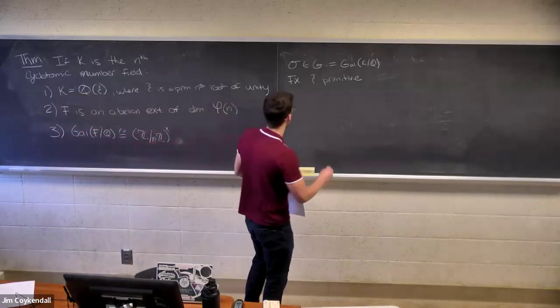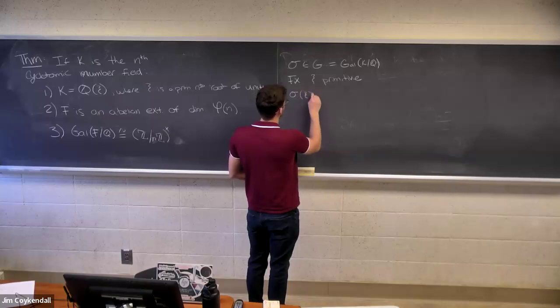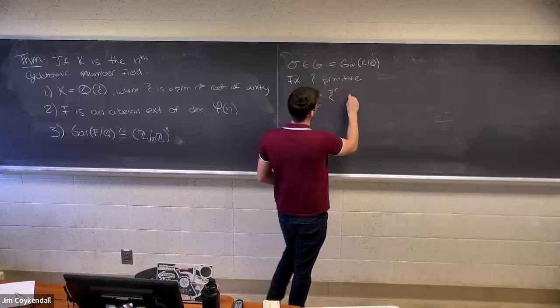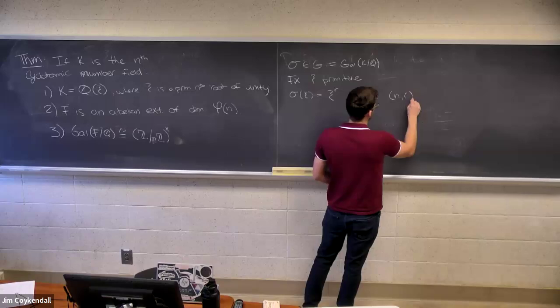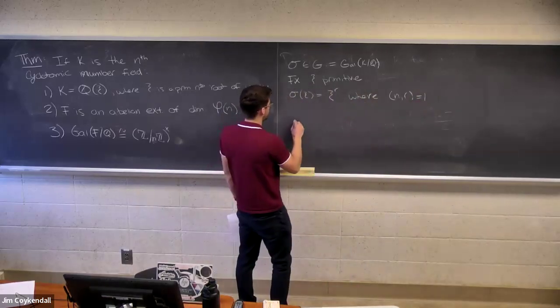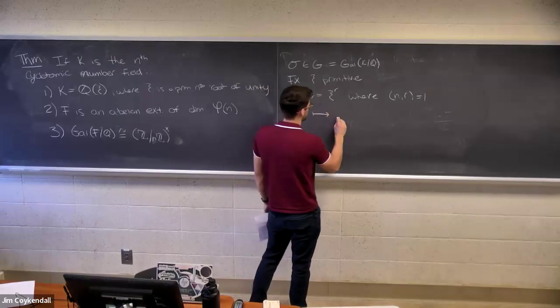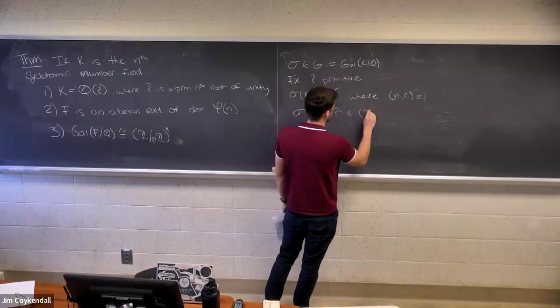So sigma equals tau to the r, where r and n are relatively prime. And so we can map this element to this coset.